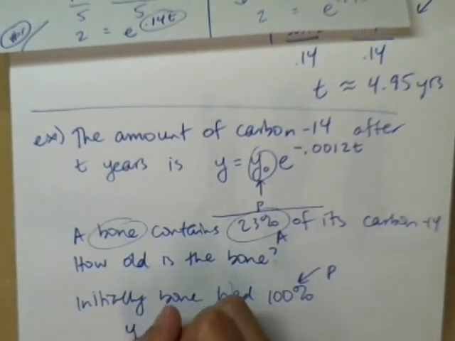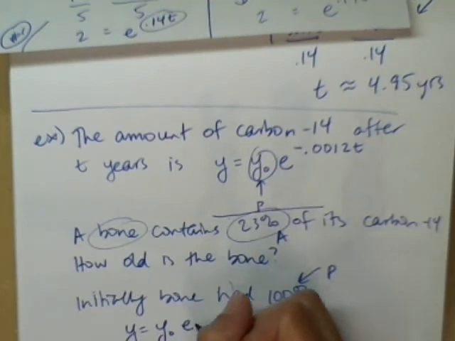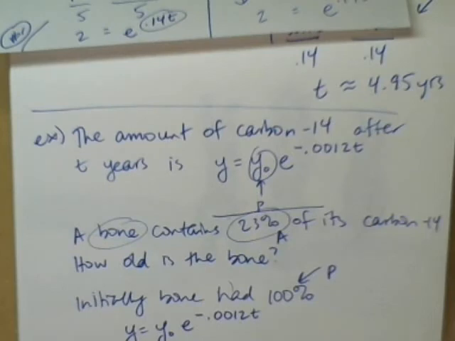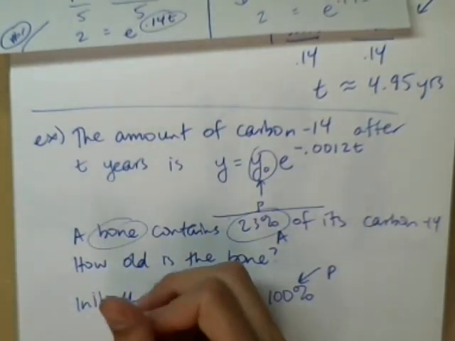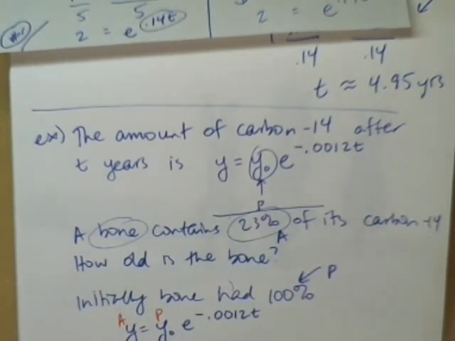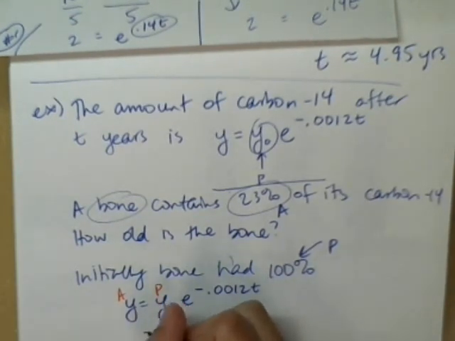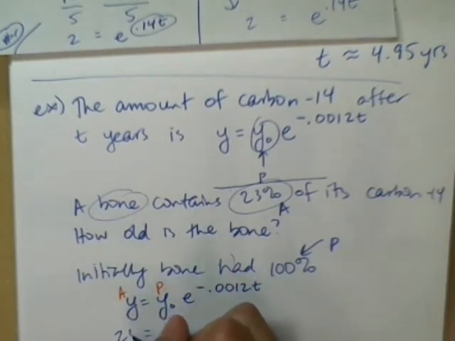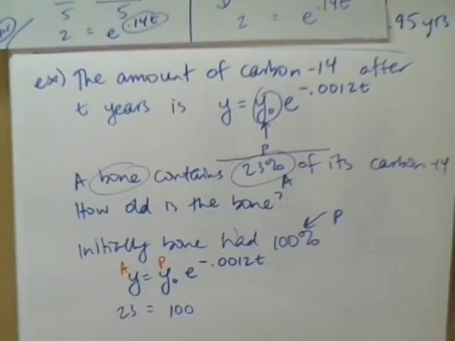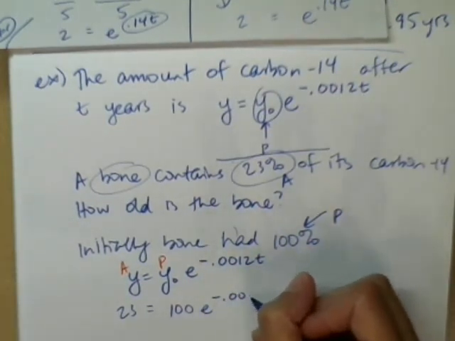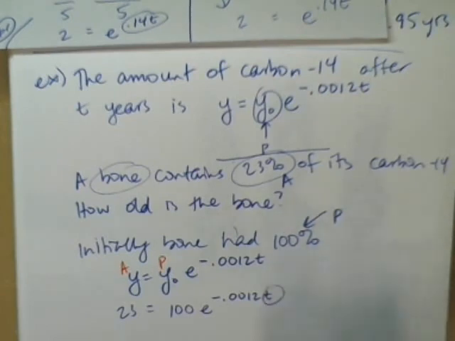So y equals y sub 0 e to the negative 0.0012t. If you're thinking back through those other continuous interest formulas, this would be like my A and that would be like my P. So those really mean the same things. What was my initial percentage? It was 100%. What's my final percentage? It's 23%. I'm just going to express those as whole numbers. And then I have everything else, e to the negative 0.0012t. We're solving this for t.